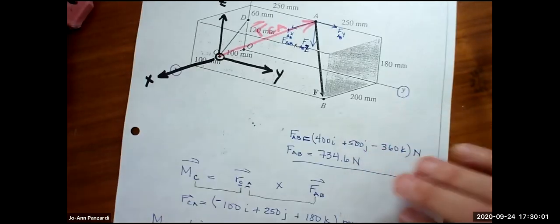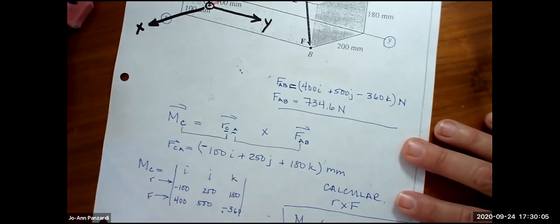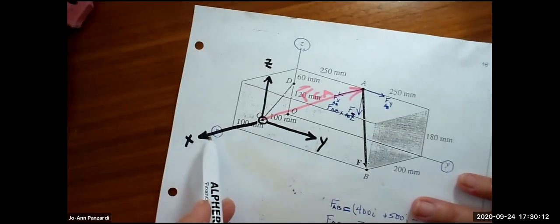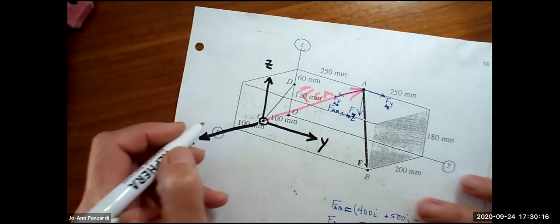All right. So what did I get? I got a negative 180 spin in the X. Everybody's with me, right? Here's the X. On your piece of paper, you want to draw it. It's a negative.